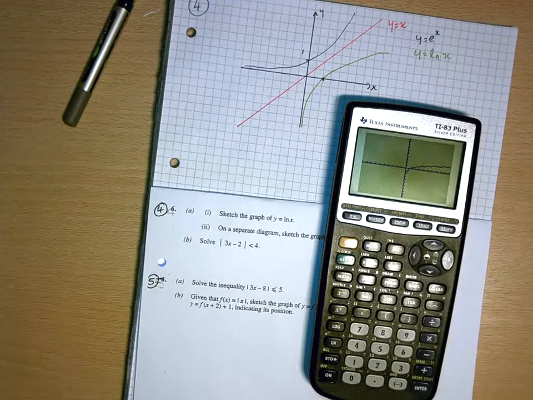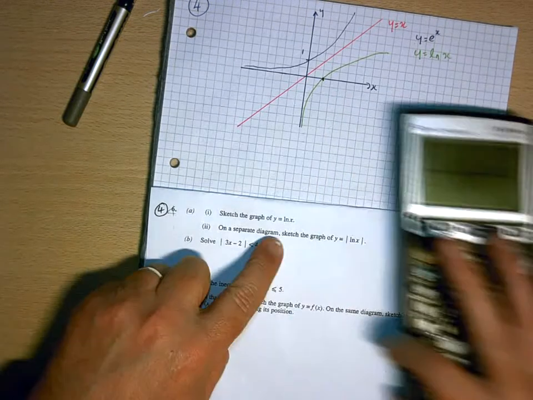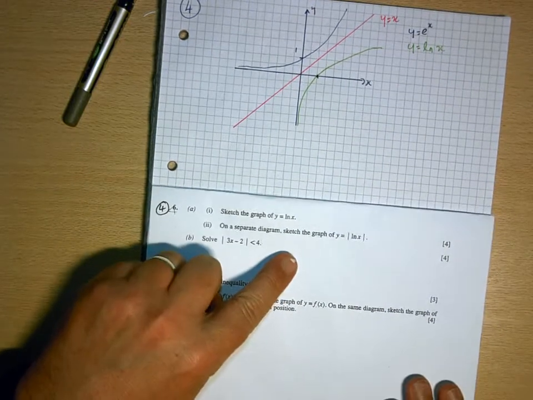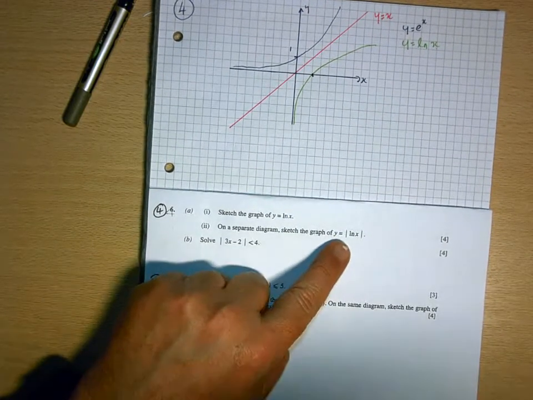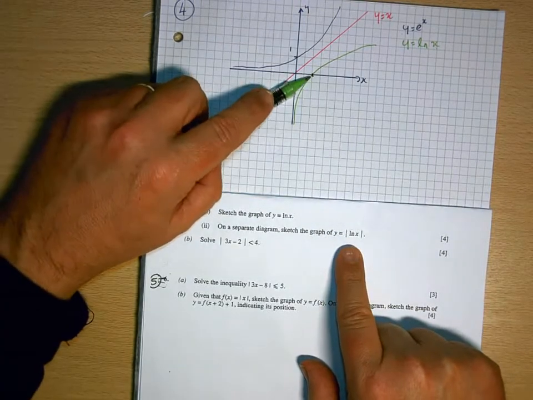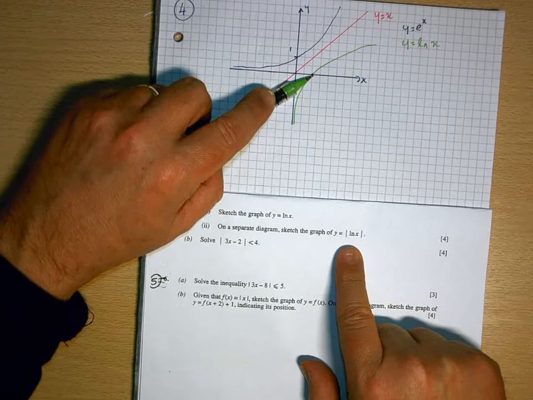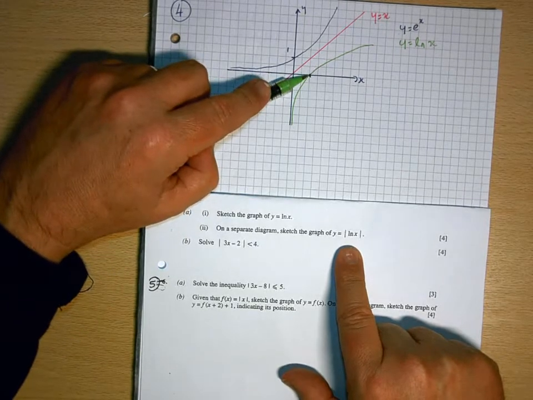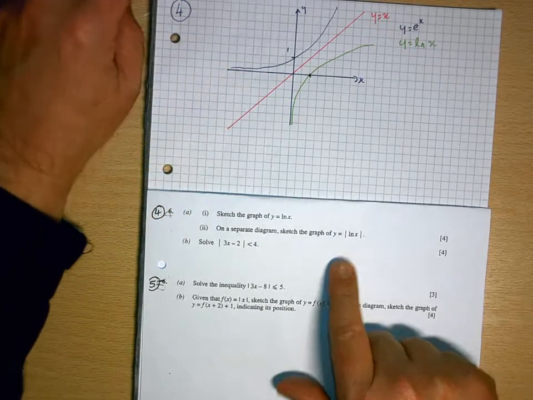Now, as far as the next part, which is on a separate diagram, sketch the graph of the modulus of that. The modulus of that is going to be exactly the same from there up, but where it's negative, it becomes positive.